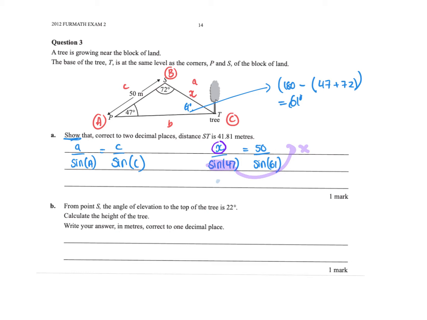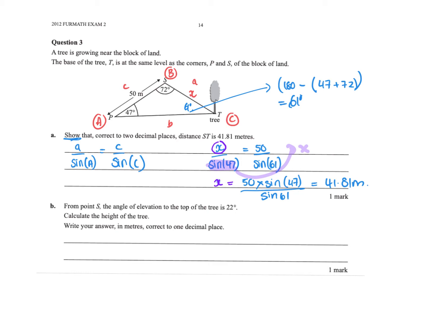So I could say that x equals 50 times the sine 47 divided by sine 61, and you can just write that it equals what they said there. All right, so that's the way of showing.